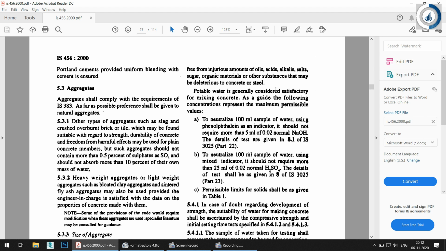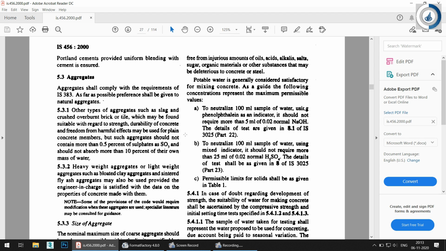Potable water is generally considered satisfactory for mixing concrete, and as a guide the following concentrations represent the maximum permissible values. They have given two guidelines here. If you neutralize a 100 ml sample of water using phenolphthalein as an indicator, it should not require more than 5 ml of 0.02 normal NaOH, and the details are given in IS 3025 part 22.